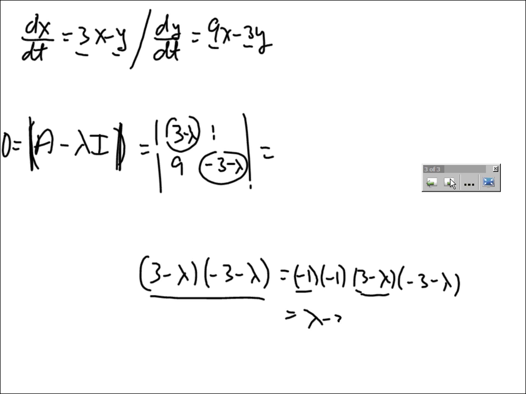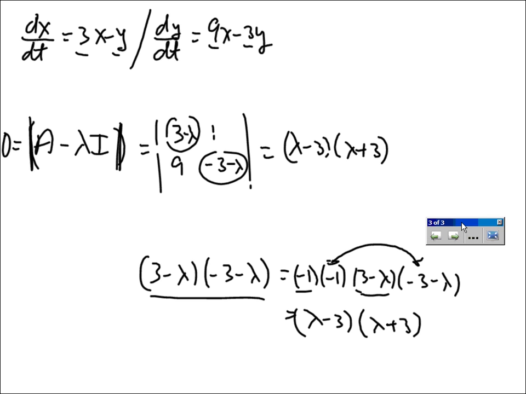This gives me lambda take away 3. And I want to multiply this with that, which gives me 3 plus lambda, or lambda plus 3. So lambda take away 3, lambda plus 3, minus that product, which is 9. So this will give you lambda squared take away 9.